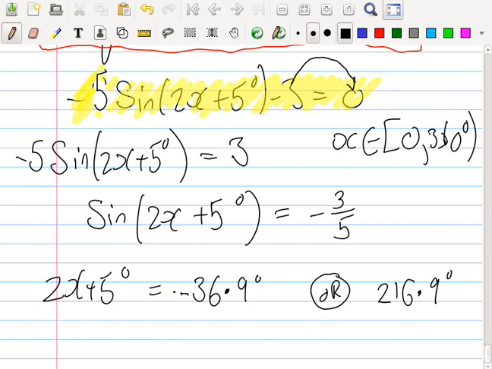4. So, the next step is you generate the extra answers that you are missing. And the way to generate the extra answers is actually not so difficult. You generate the missing answers by adding 360 to the answers you do have. Now the reason for this is because if you have an angle of 10 degrees and you swing around 360, you're back at the start.